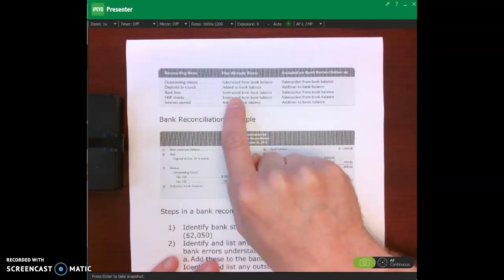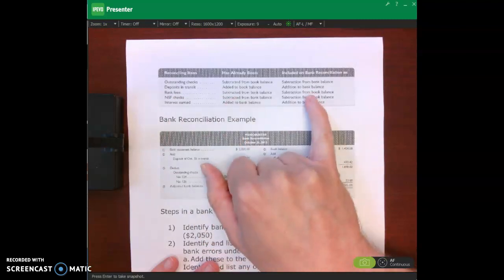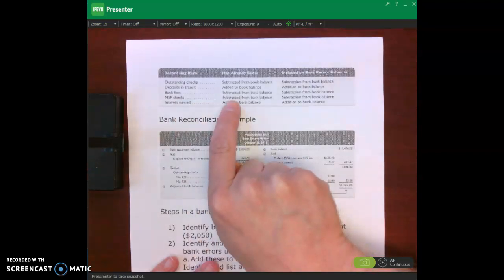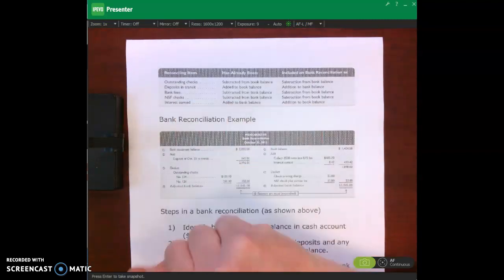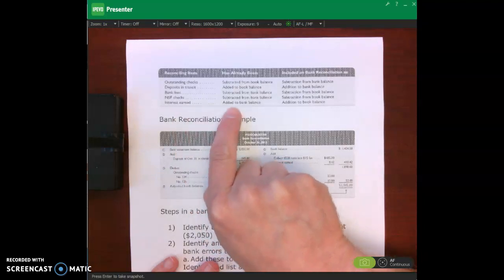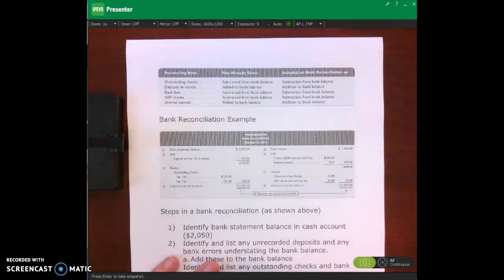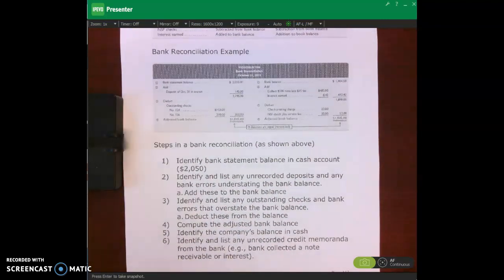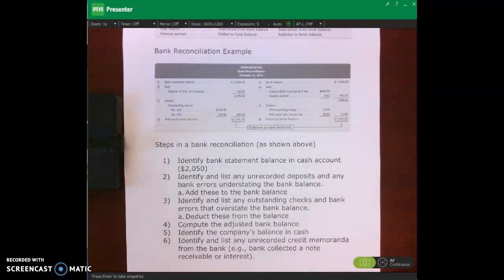Bank fees are subtracted from our bank, and then we'll have to subtract that from our book balance. Non-sufficient funds would be subtracted from our bank, and then we would have to subtract that from our book balance. Interest earned would be added to our bank balance, and then we would have to add that to our book balance.